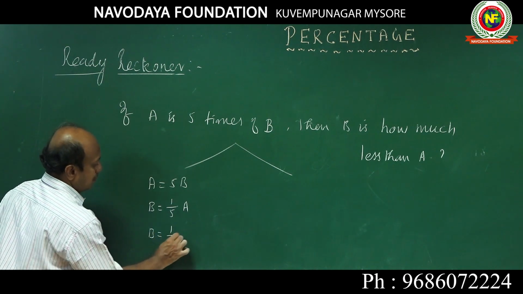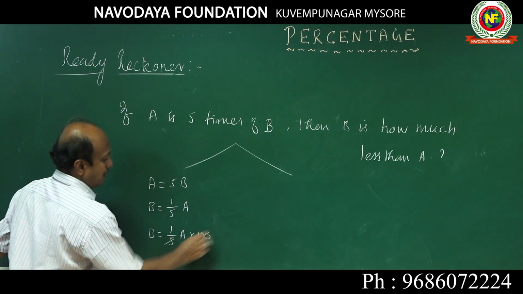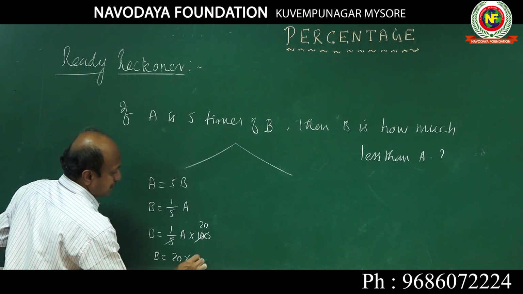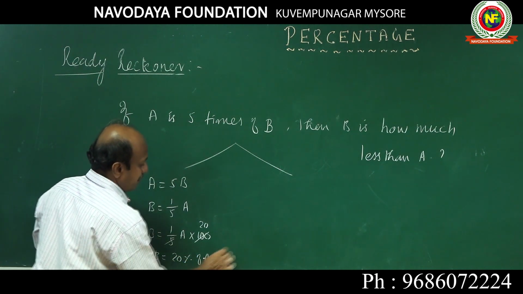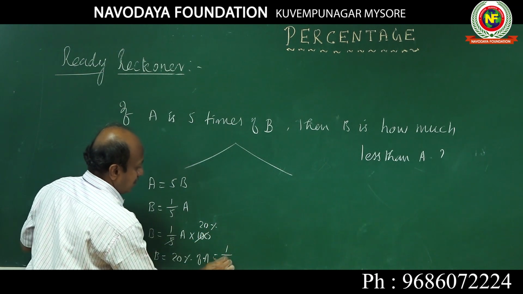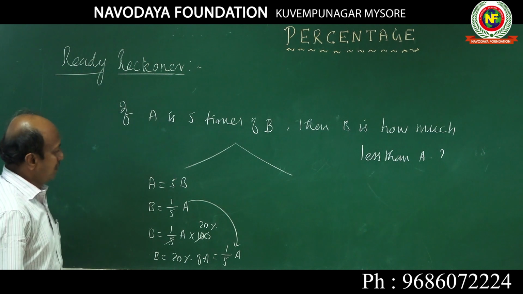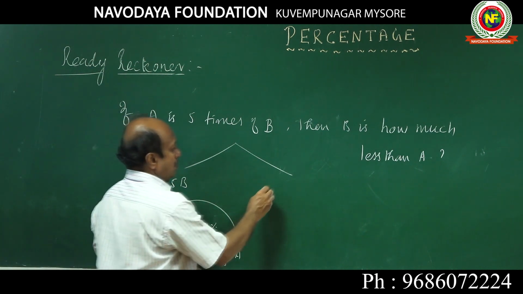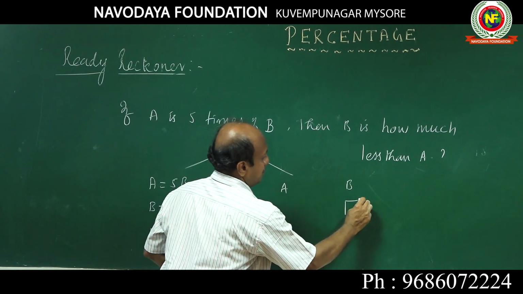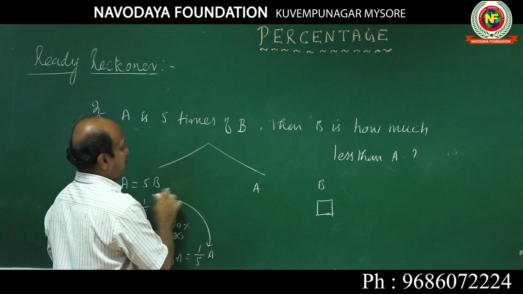B is equal to 1 by 5 A into 100, that is nothing but B is equal to 20% of A, or 20% is nothing but 1 by 5 of A. Again we will come back. The other easy way of solving, I will take A, B. B is, I will be considering as 1 square. Right. A is how many times? 5 times.